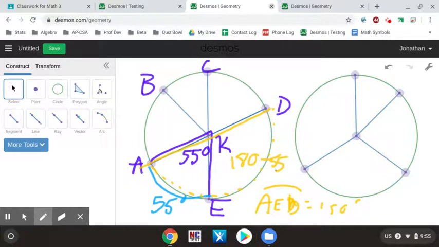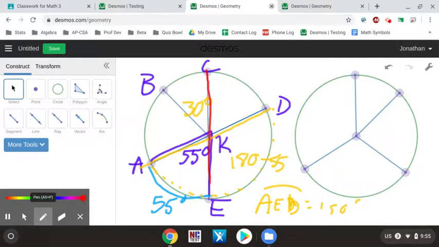If they wanted to know some things about the top, there's not as much that you know there, because all you know on top is this is 30 degrees. But you could continue going, because not only was AD a diameter, but CE is another diameter. I'm going to mark it in red.